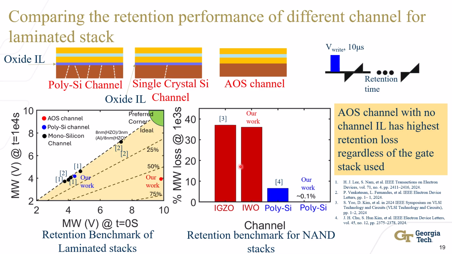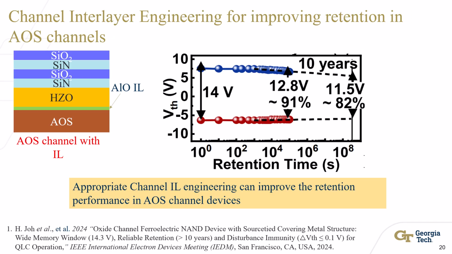In this work where we showed the retention loss for AOS channel, we do not consider an interlayer, which tends to increase my memory window loss over time. However, there have been some recent works showing that incorporating a channel interlayer in AOS channel devices can significantly improve the retention performance and reduce the memory window loss at larger times.